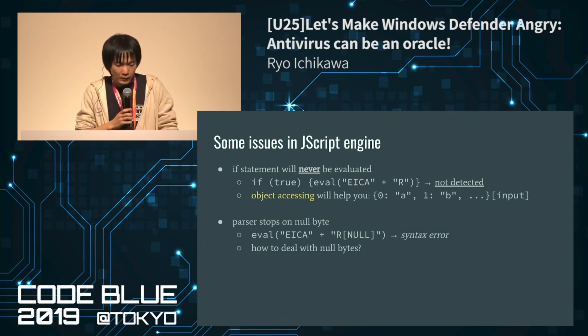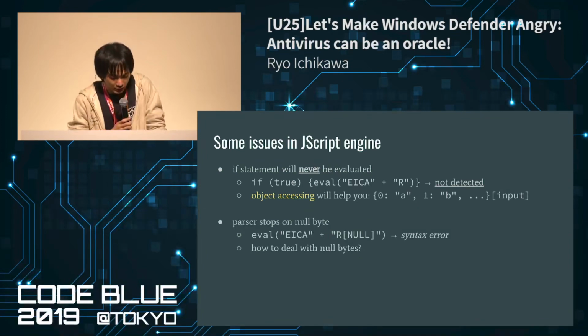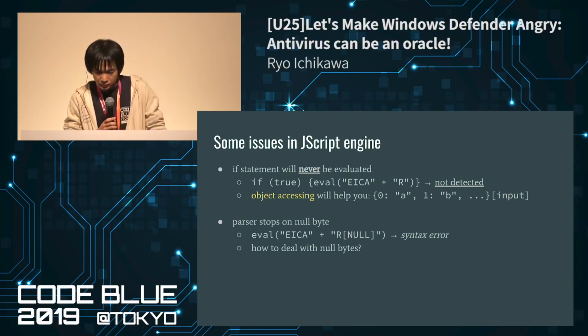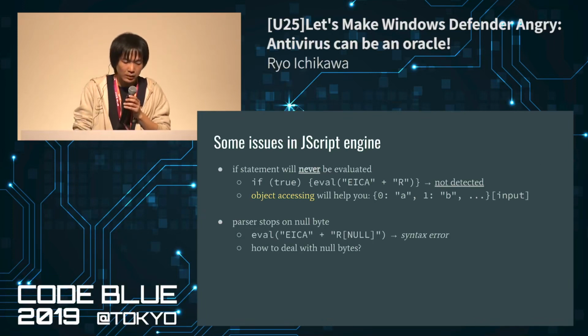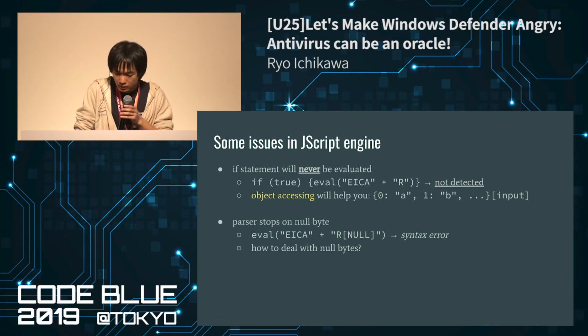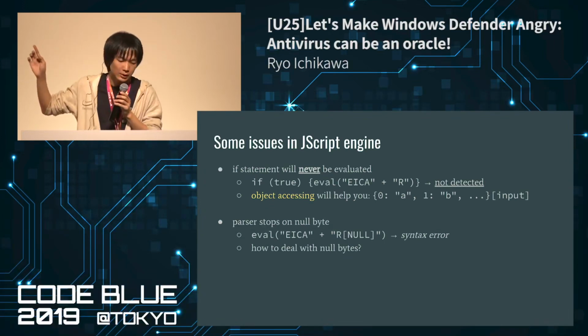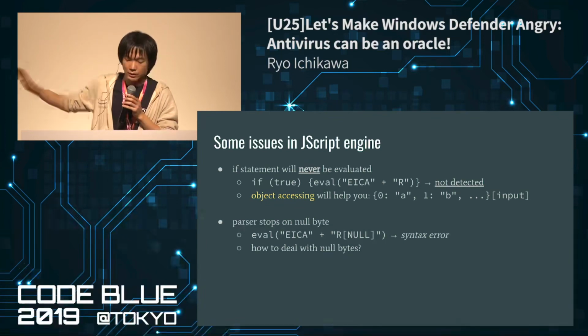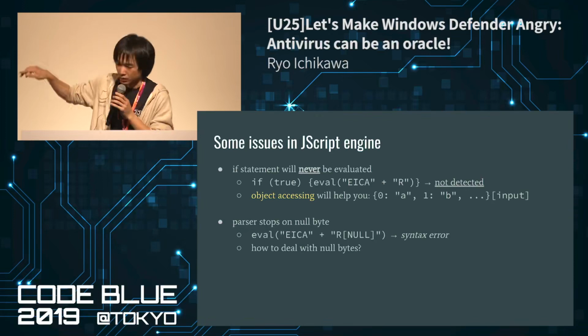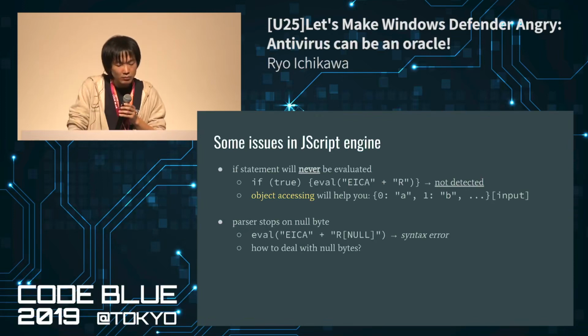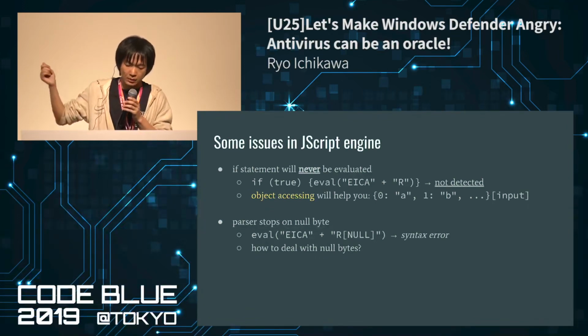There are some issues in the JScript engine. An if statement will never be evaluated, like this one. Even if the condition is always true, this evaluation part is not evaluated, and this statement is not detected. In this case, object accessing will help, like this one.